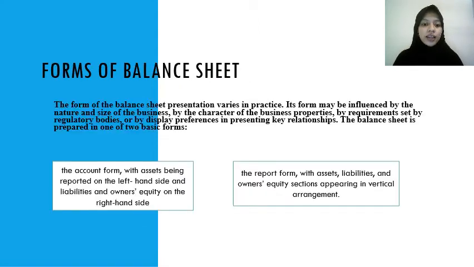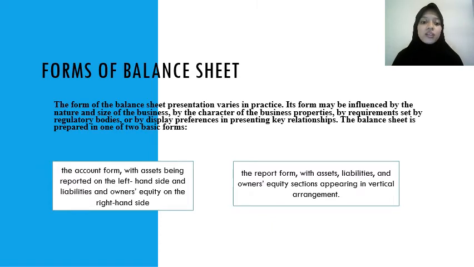Okay, and then form of balance sheet. The form of the balance sheet presentation varies in practice. Its form might be influenced by the nature and size of the business, by the character of the business properties, by requirements set by regulatory bodies, or by display preference in presenting key relationships.